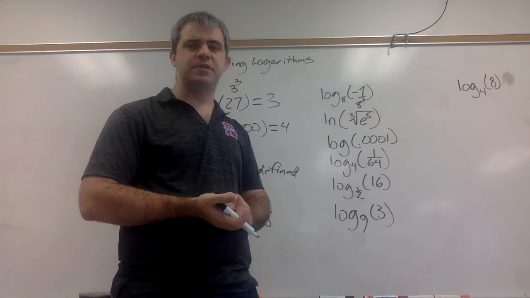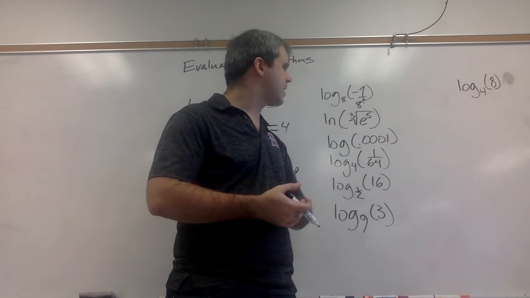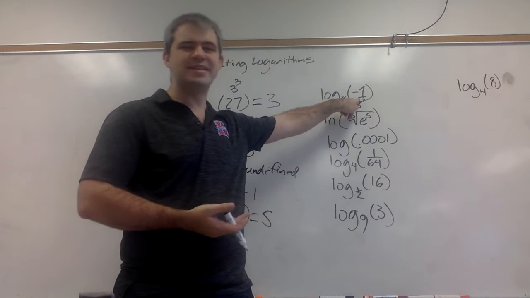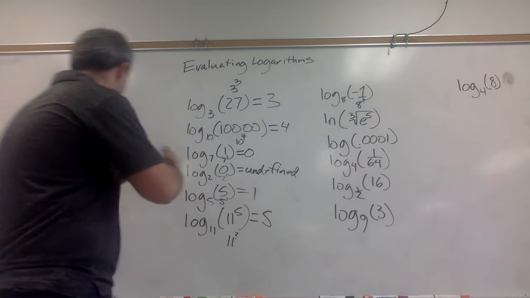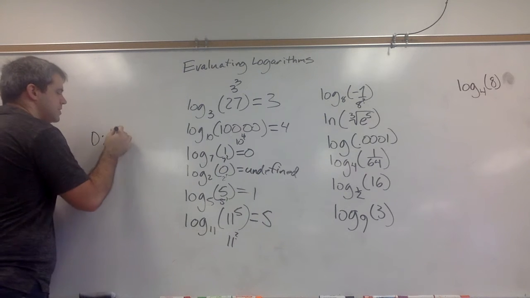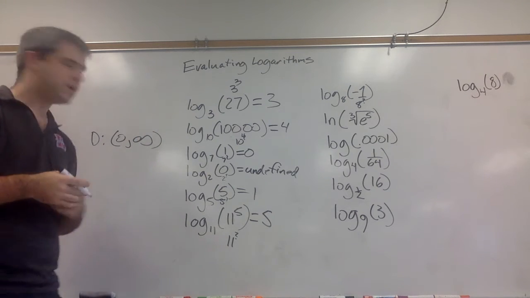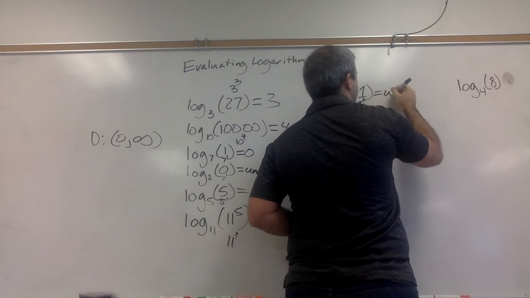What about negatives? No, those are just going to be rational values here. Can we put negatives into a logarithm? No, we said before, our domain for logarithms is 0, not inclusive, to infinity. So I can't shove negatives into a logarithm. This is also undefined.